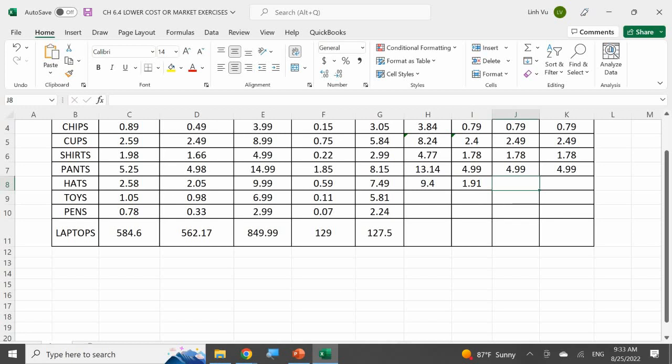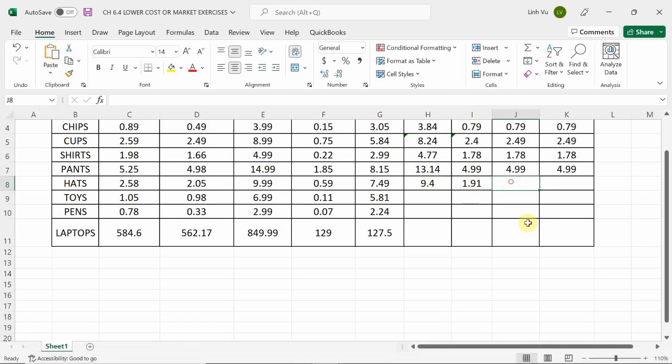Your replacement at 2.05, ceiling at 9.40, and your floor at 1.91. Which one's in the middle? It would be 2.05.